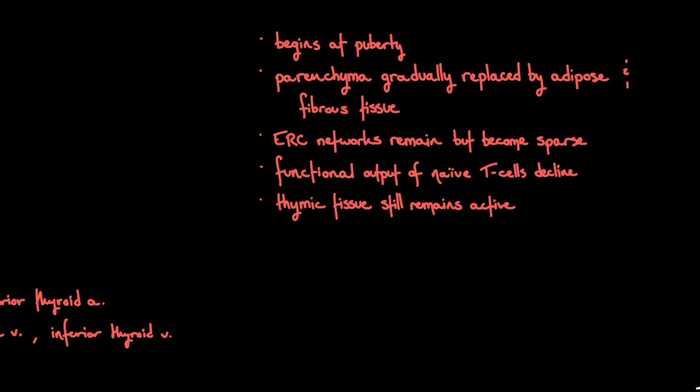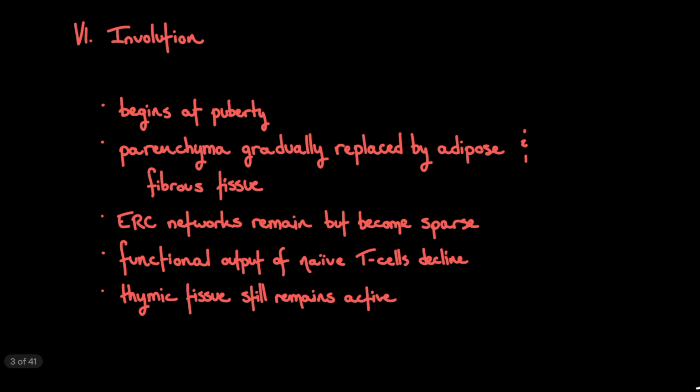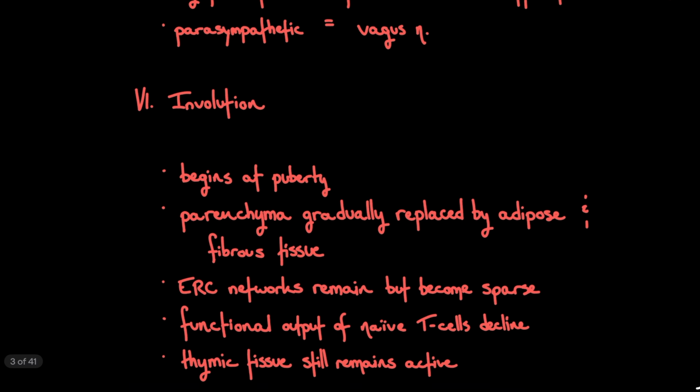What I do need is for you to have a good idea of involution. Okay, your thymus is not going to be that persistent post-puberty, and especially in later years of life. Involution begins at this stage. And what this means is your parenchyma gradually reduces and is replaced by adipose and fibrous tissue. What is parenchyma? That is a good bio word to know, so I'm going to define it.